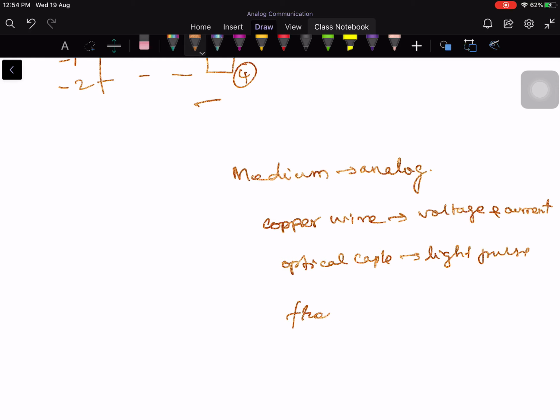If you take free space or air, then it is electric fields and magnetic fields, E and H. Therefore, the real medium is analog. We have some advantages if we work with a digital formulation of our signal, but at the end of the day, you need to convert digital to analog before you transmit. So digital communication is a follow-up subject of this analog communication.